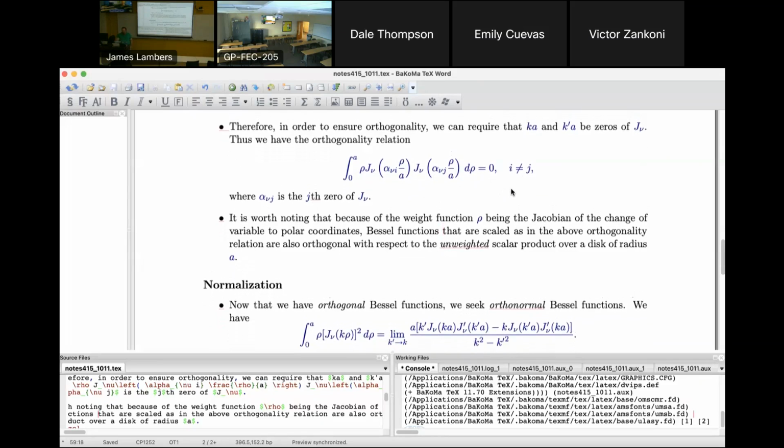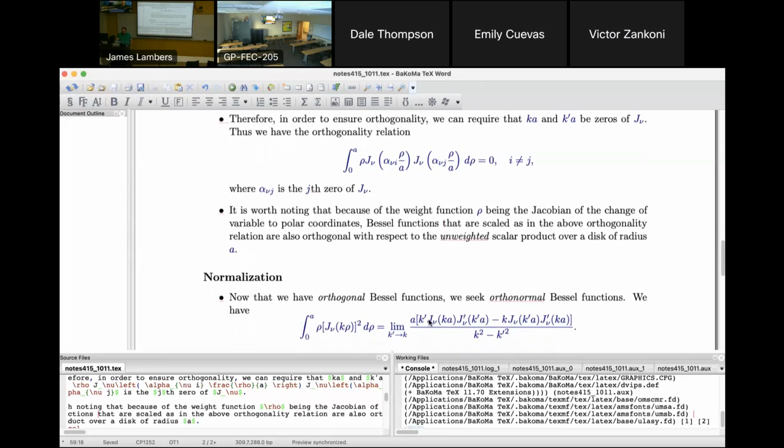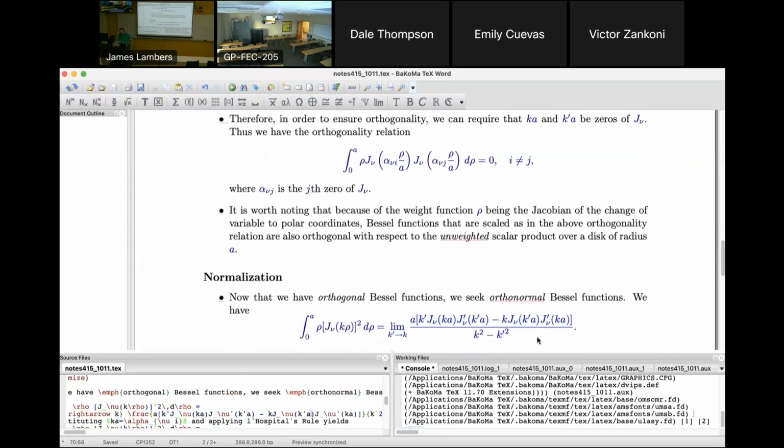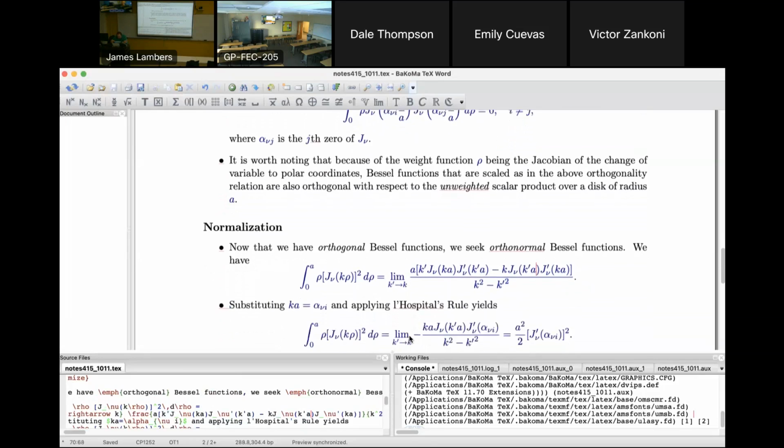Because if we go back to the original result, which is reproduced down here, we have these values k and k prime. If I set k equal to k prime, we'd have a 0 over 0 situation. That's an indeterminate form. So what we need to do is take the limit of that as k prime approaches k using L'Hopital's rule.